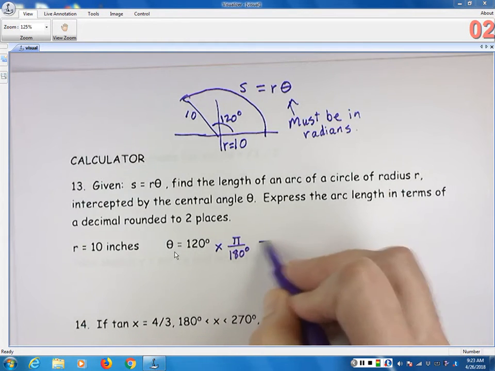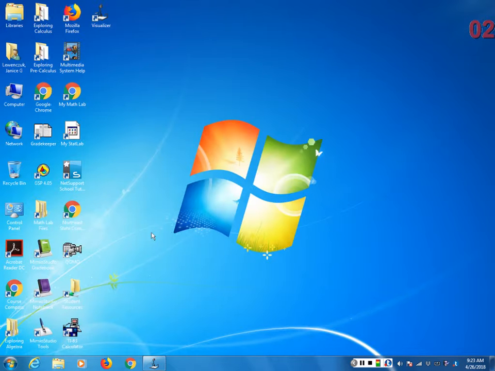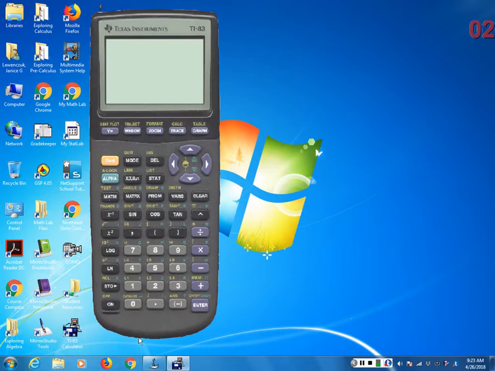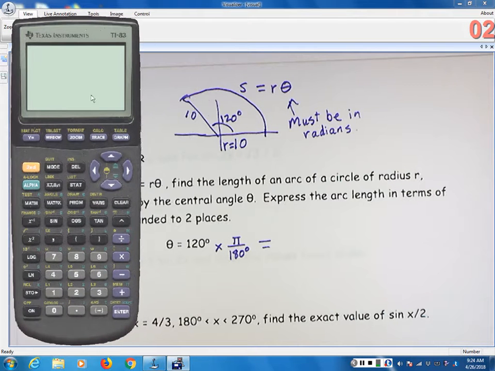And then you can do that on the calculator. This is the calculator part, okay? Remembering whether it's the calculator part or not. So you can do 120 divided by 180.